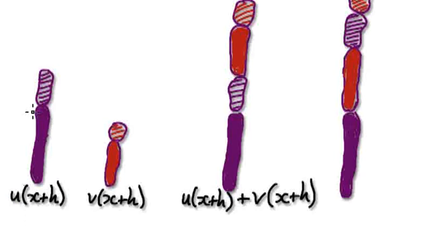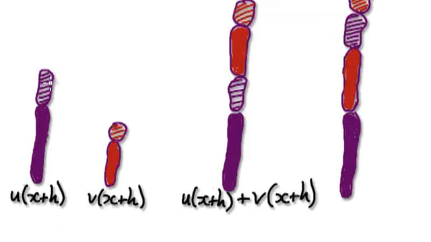From here to here is just your u of x, and the whole height here is u of x plus h. The same with this height here, which is your v of x, and this whole height here is your v of x plus h.